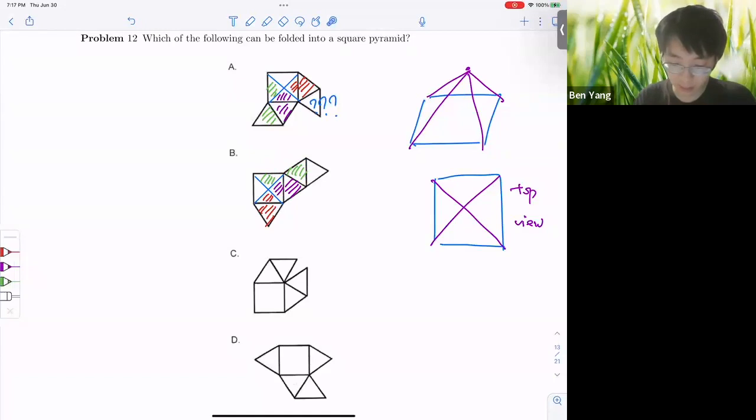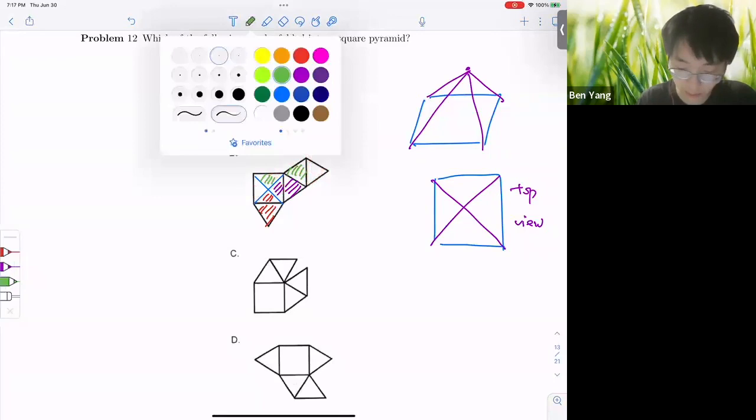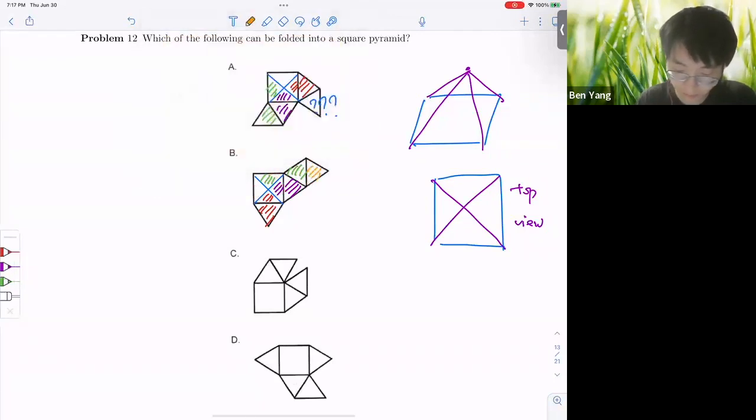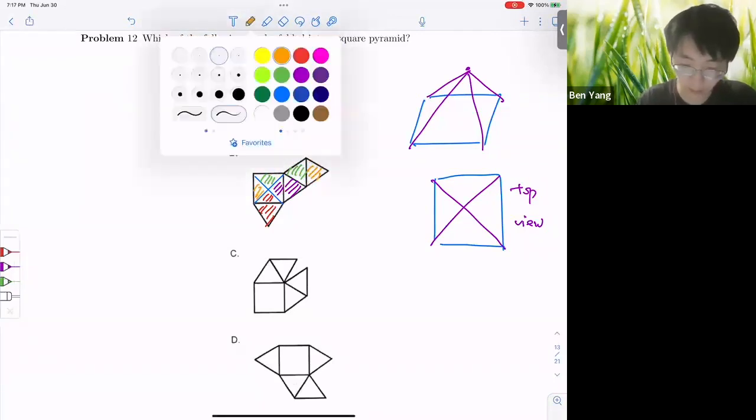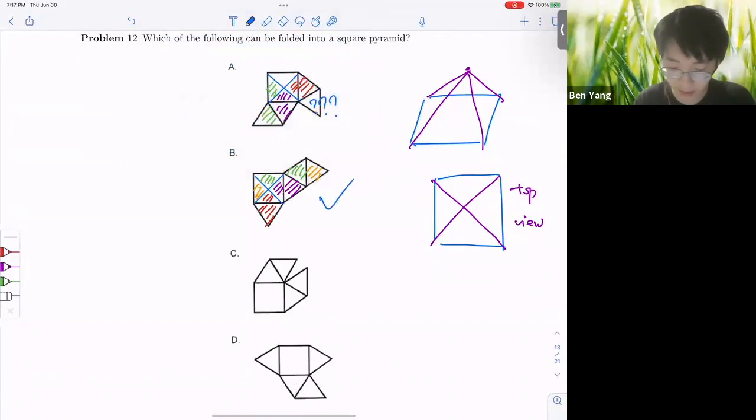Okay, the last triangle, if you fold it up, and then the green triangle goes here, then the last one will go to the last place there. So everything worked out. And that should be our answer.